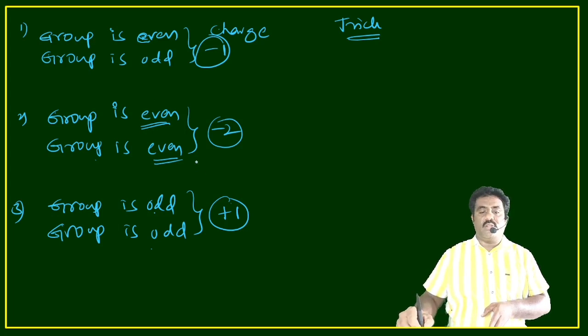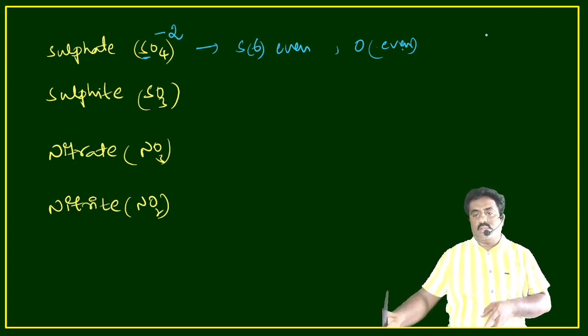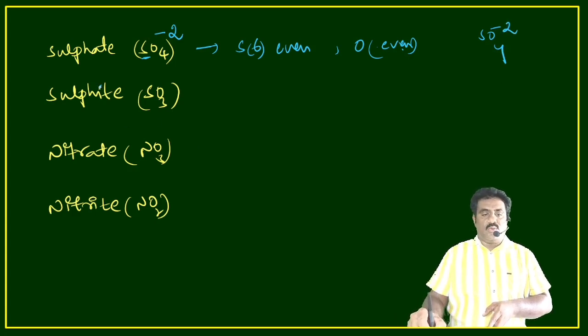Even and even, what is the charge? It is -2. So the charge of sulfate is -2, SO4 2-.